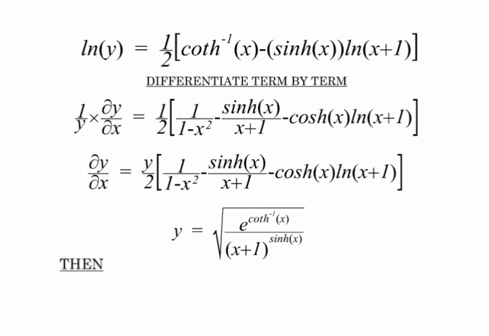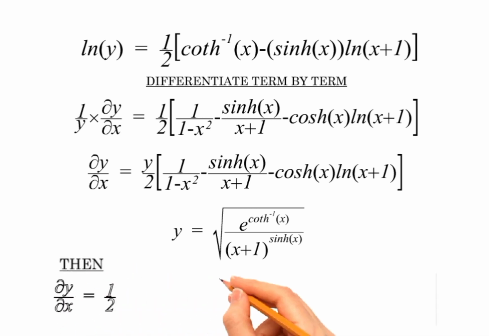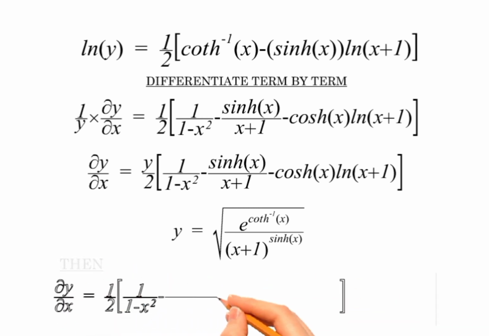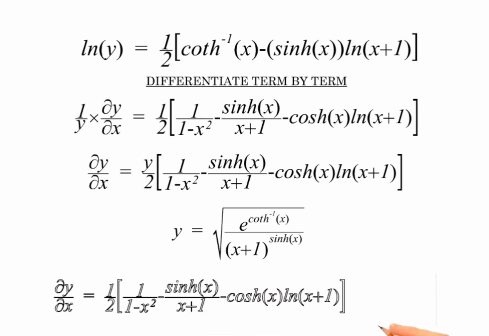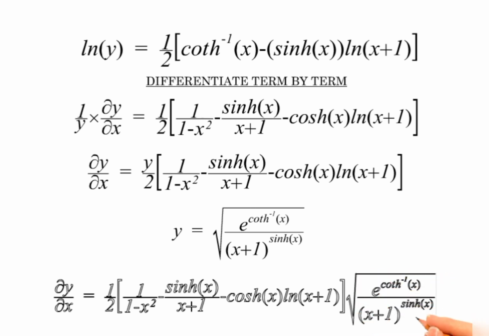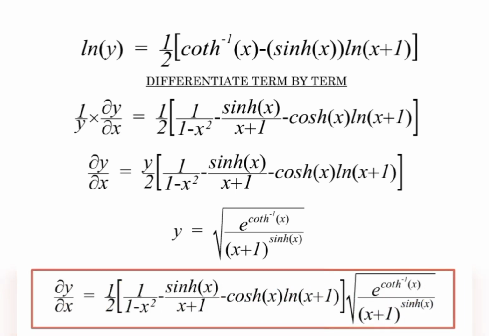We have the following. dy over dx equals 1 over 2 times 1 over 1 plus x squared, minus sin x over x plus 1, minus cos x ln of x plus 1, multiplied by the square root of e to the power of arccot of x, over x plus 1, raised to the power of sin x. Finally, we arrived at a valid conclusion.